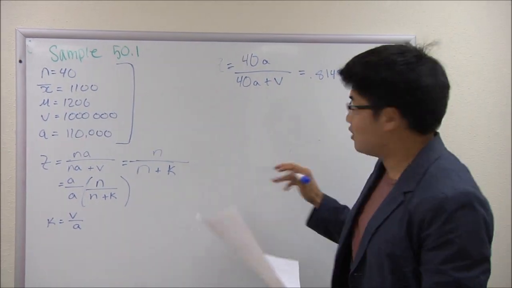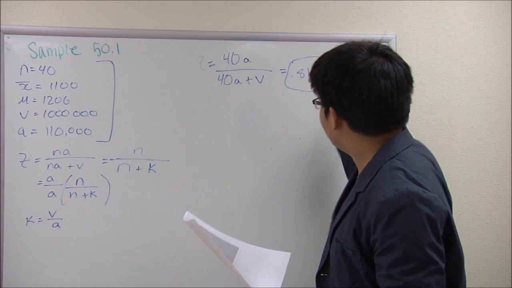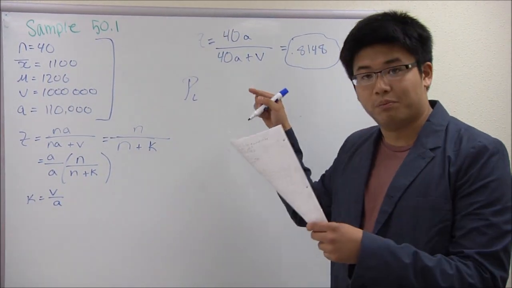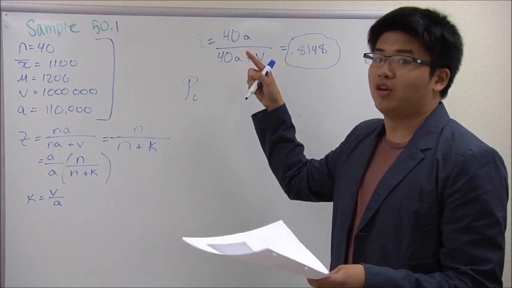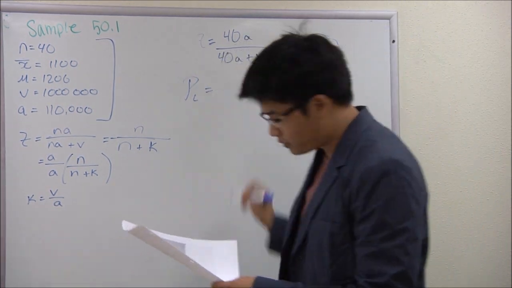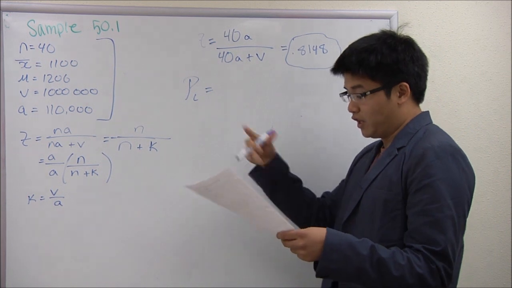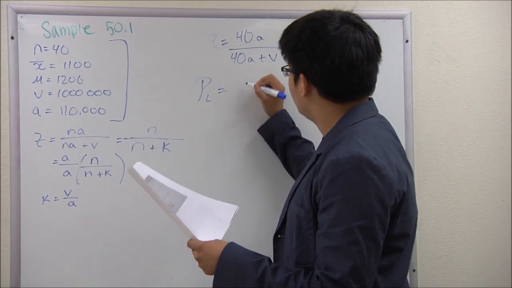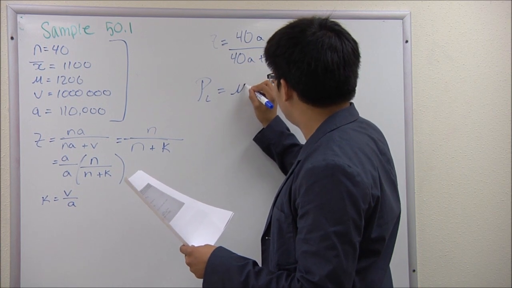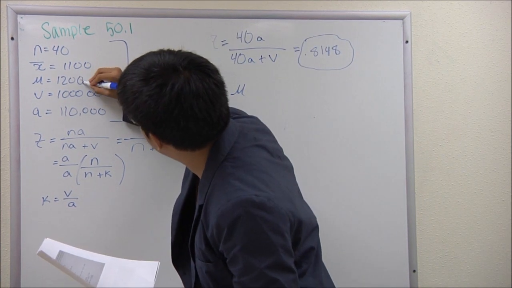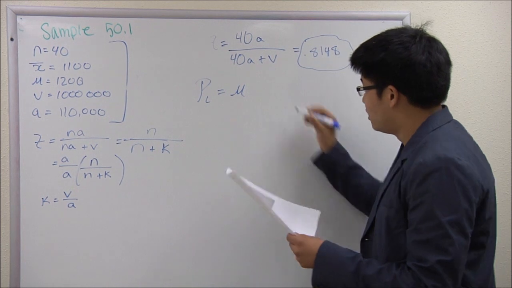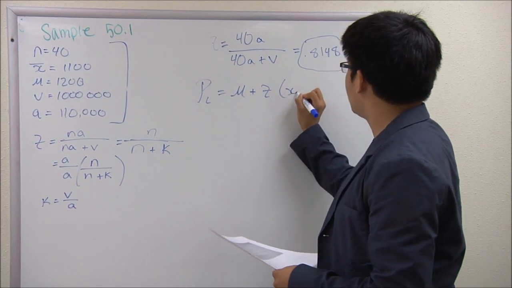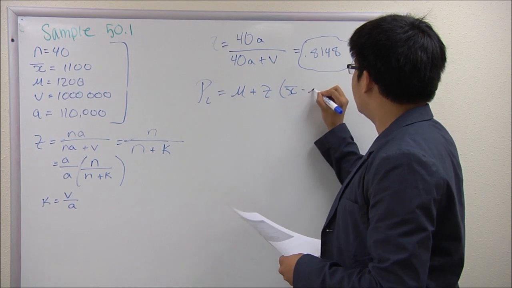You use this Z right here to calculate P sub C, and this is actually equal to the Bühlmann credibility expectation. So finishing up, P sub C is equal to mu, which is 1200, plus Z times (X bar minus mu).